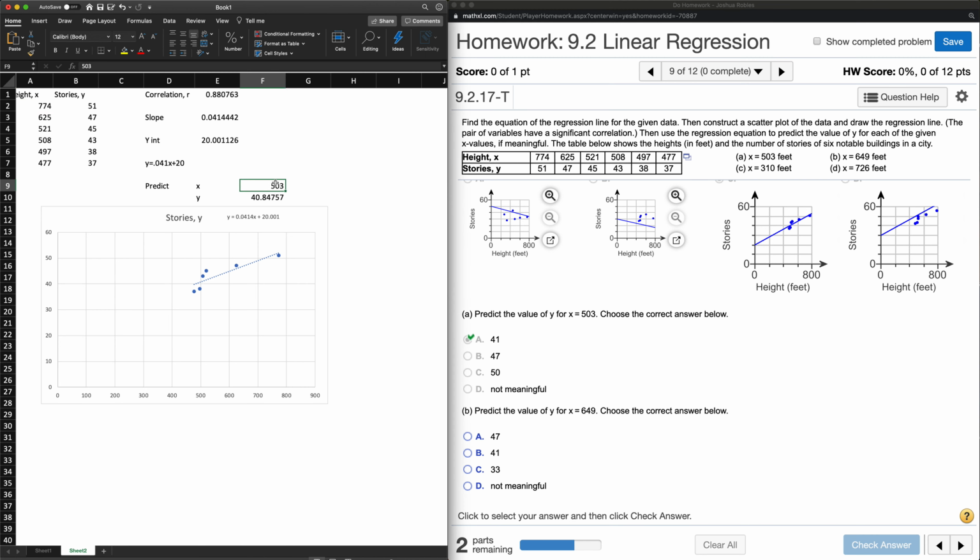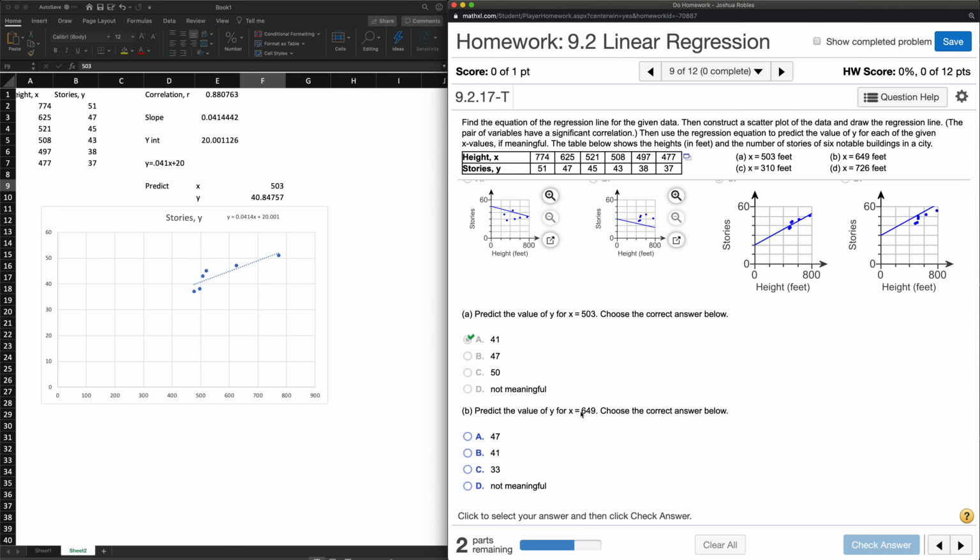Okay, since I made this calculate from the cell, now I can just update my new number. So 649, let's do the quick check first. Is this a value I should be predicting? Yes, 650 is in my range, and we can see visually it's going to be about right here. If I predict for 650, I'm going to get a number of stories above 45, maybe 46 or 47.